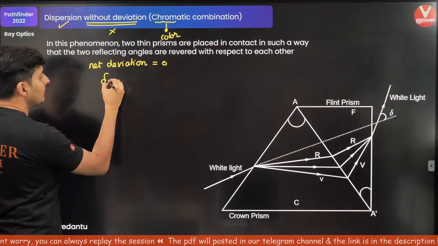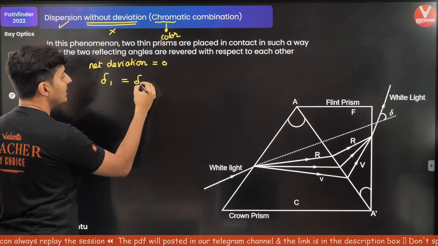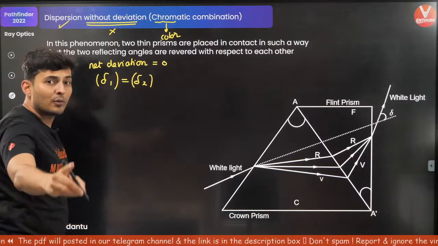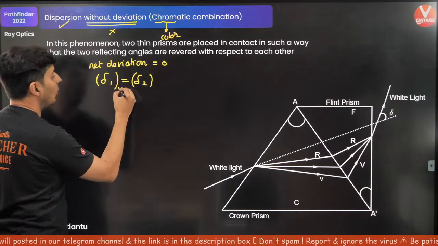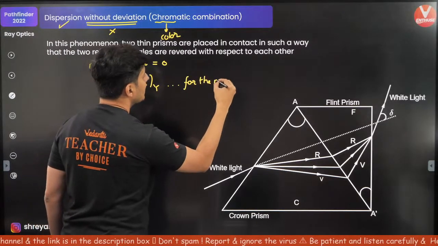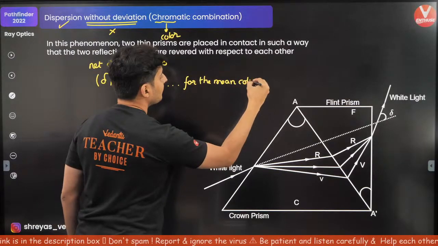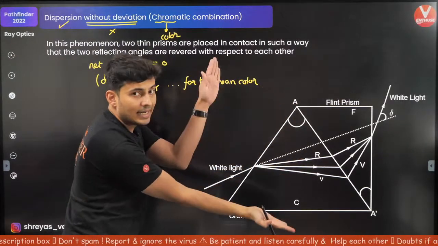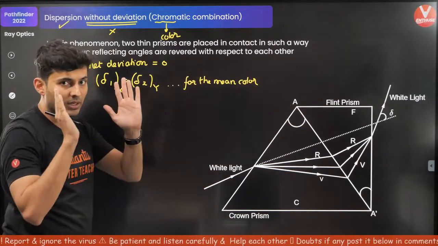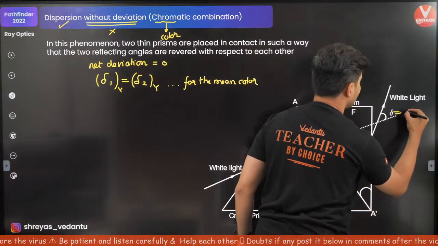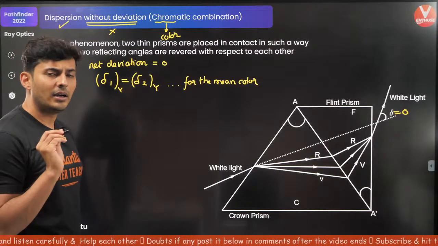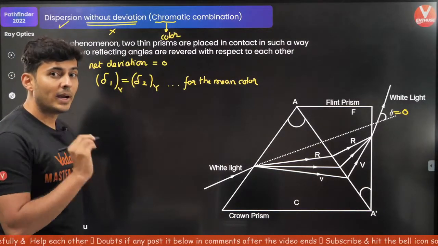That means the deviation in the first prism equals the deviation in the second prism for the average color. Which is the average color? Yellow. Yellow is the mean color. On an average, there is no net deviation. The incident and final rays are parallel. That's what it means, so this should be 0. So what is the deviation formula? A into mu minus 1.